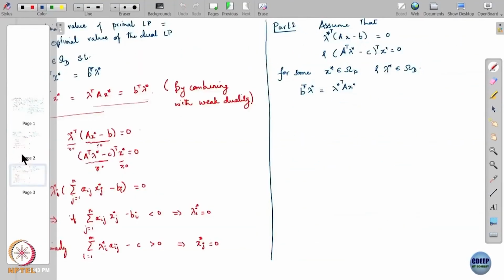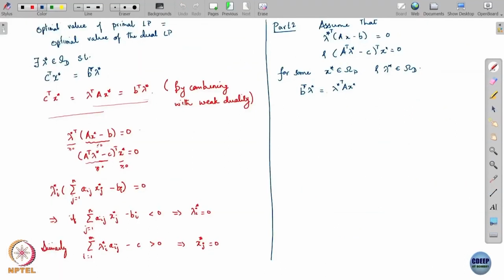The second equation similarly says that lambda star transpose A x star is equal to c transpose x star.